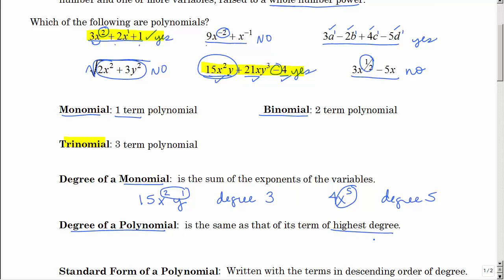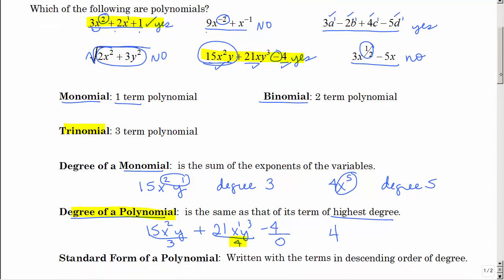All right, so we have 15x squared y plus 21xy cubed minus 4. This degree was 3, this degree is 4, and a constant has a degree of 0. So what would be the degree of this polynomial? It would be 4 because it's the highest one. Again, just some vocabulary.